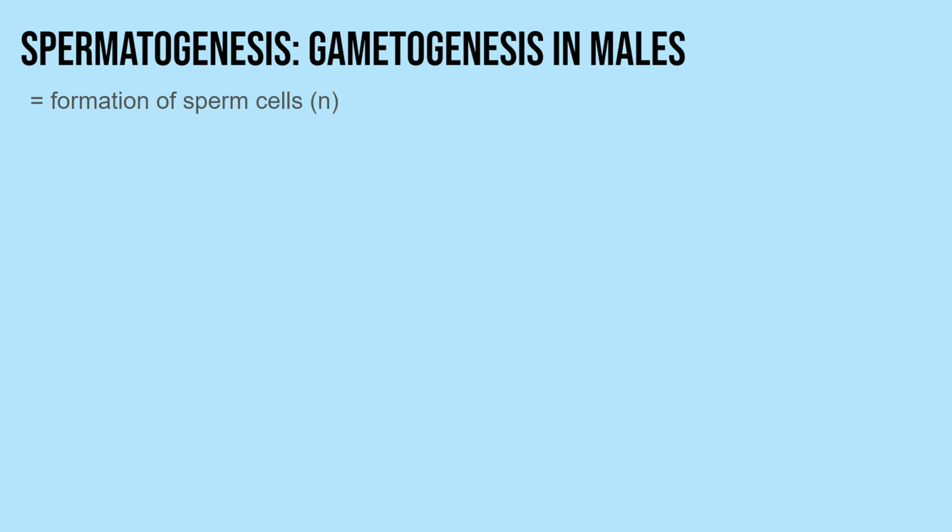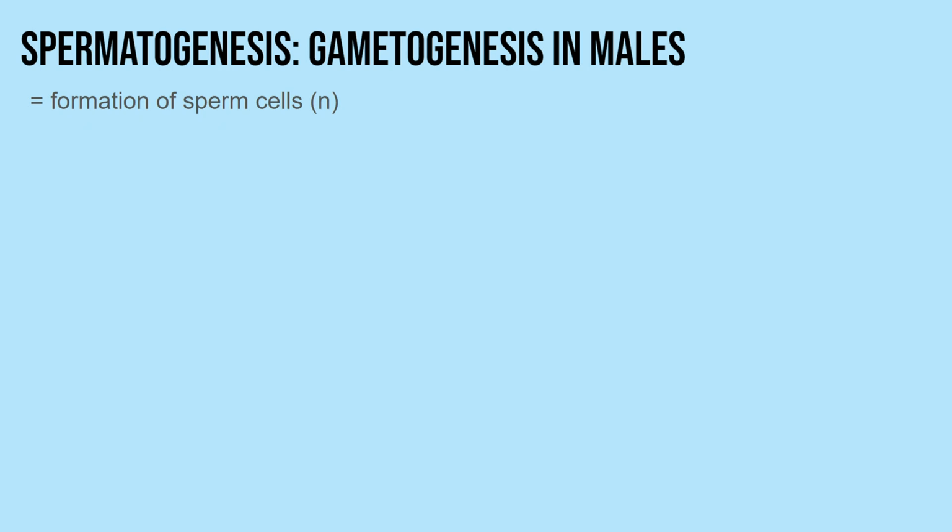The spermatogonia divides by mitosis to form another spermatogonia. And now we have something new. This is a type B spermatogonia.